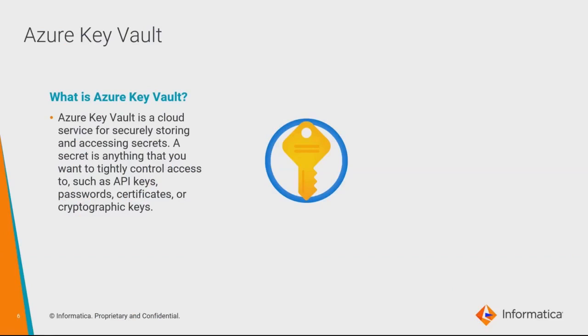A secret is anything that you want to tightly control access to, such as API keys, passwords, certificates, or cryptographic keys. In our case, it might be connection parameters like username, password, client secret, host name, etc., depending upon the type of connection we are considering.